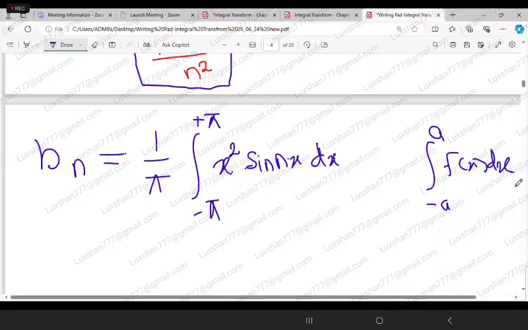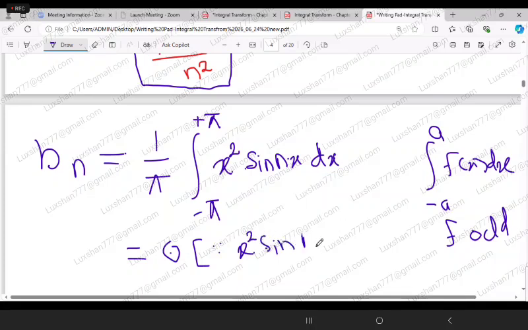If f is odd, that is 0. So you can just say that this is equal to 0. The reason is x squared into sine nx is an odd function.